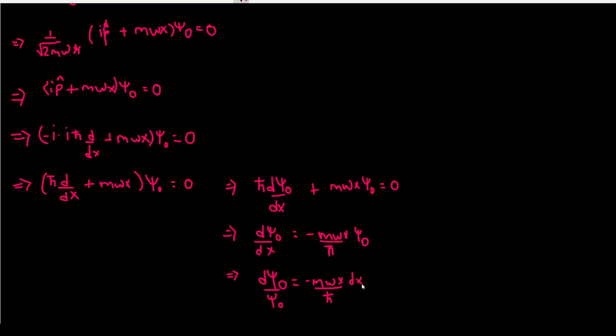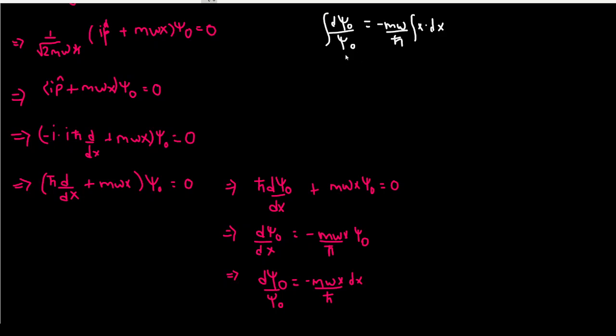So what is the solution of this particular differential equation? We just do the integration on both sides, which gives the integral of d psi naught divided by psi naught is equal to negative m omega divided by h-cut times the integral of x dx.